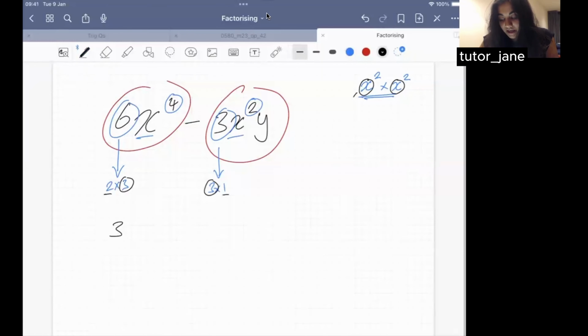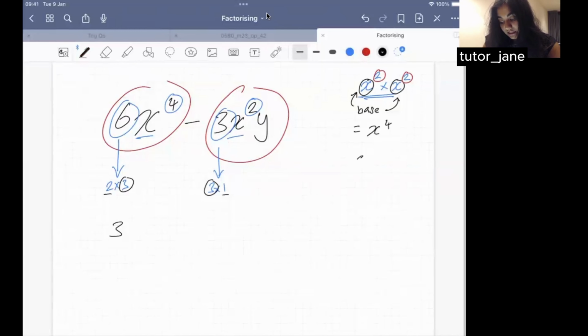In this case, our base is x, right? Now, both of these terms have the same base. And when we multiply two indices that have the same base, we take the indices and we add them together. So x squared times x squared is going to be x to the power of 4.